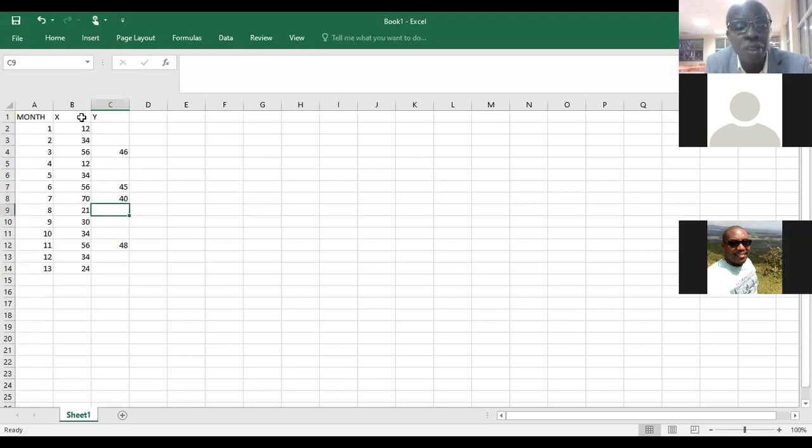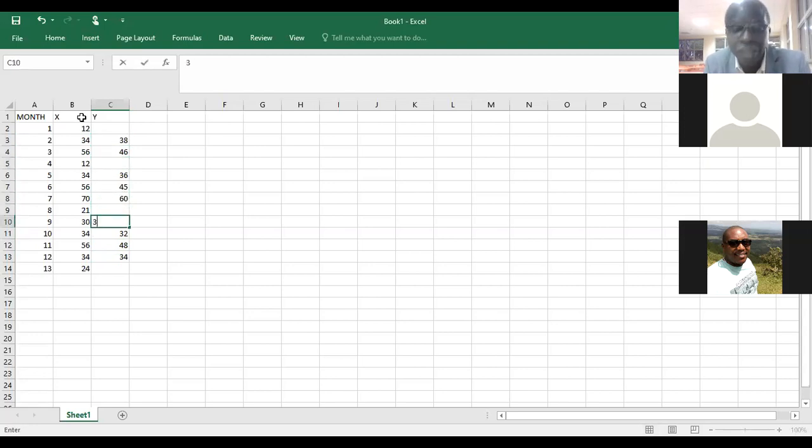Then you go down here. So say this is 60, and then here we have 34. This one here is 32. That one here is 36. And that one here is 38. Then go on and on.